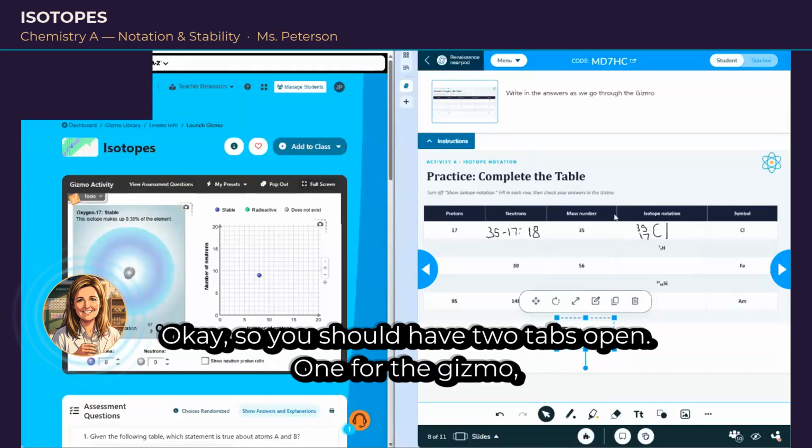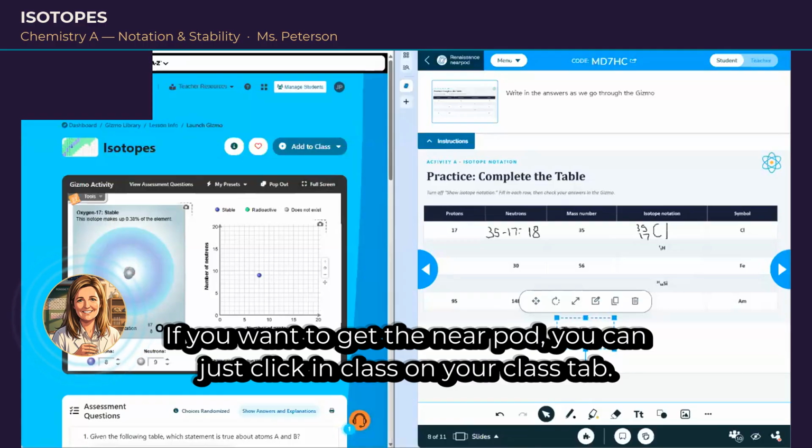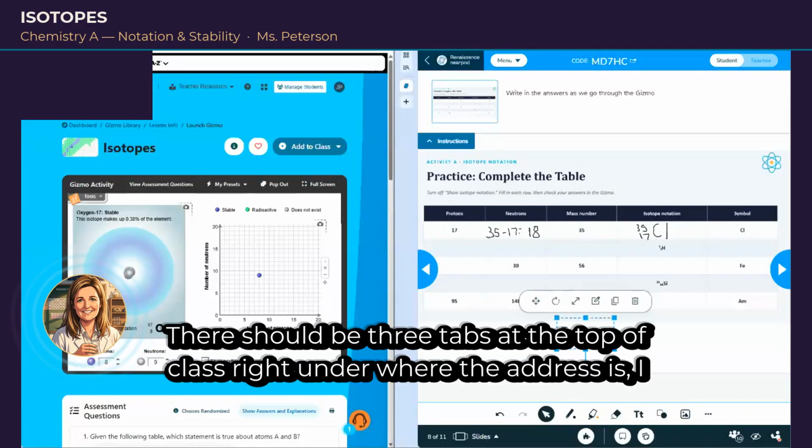Okay, so you should have 2 tabs open. One for the Gizmo, one for the Nearpod. If you want to get the Nearpod, you can just click in class on your class tab. There should be 3 tabs at the top of class, right under where the address is, I guess.